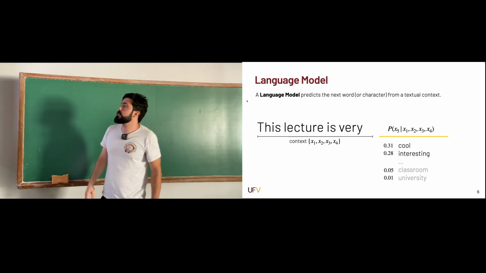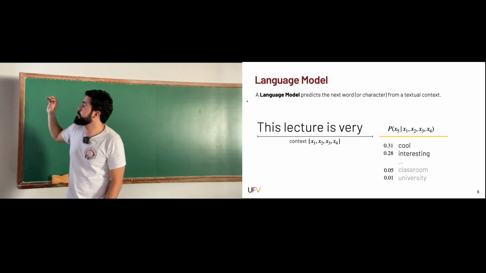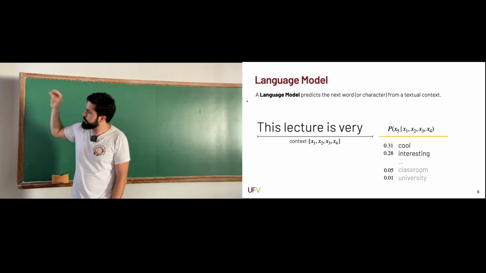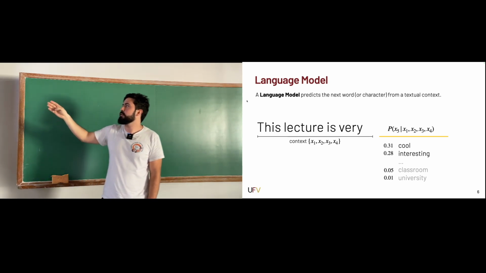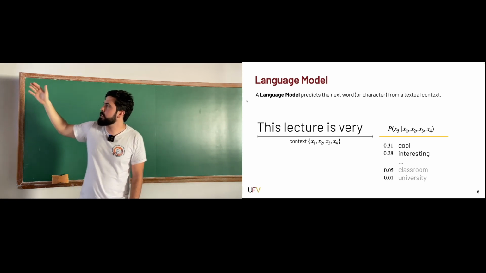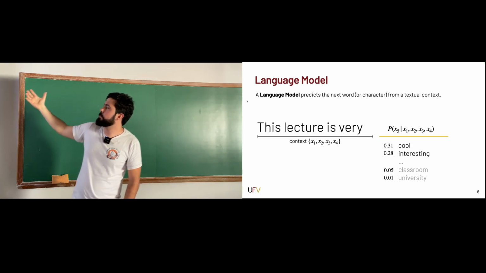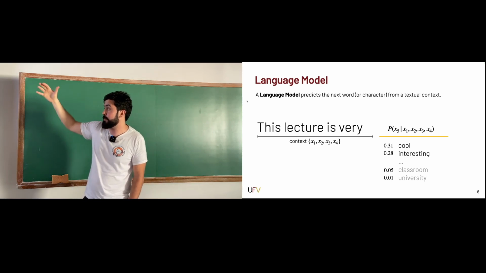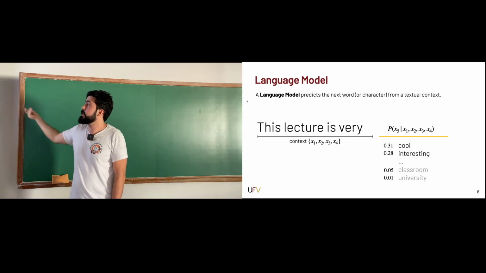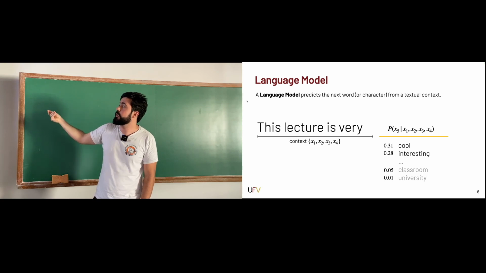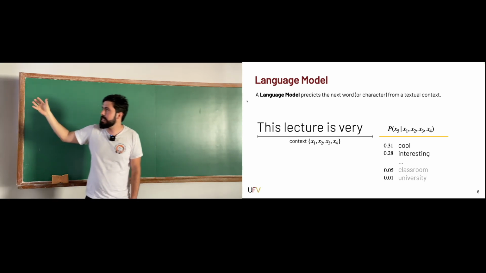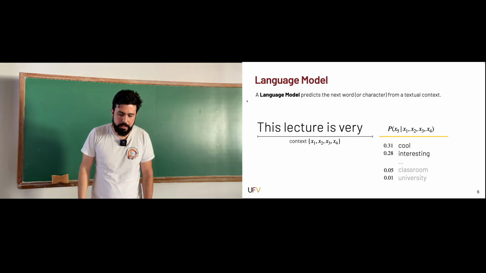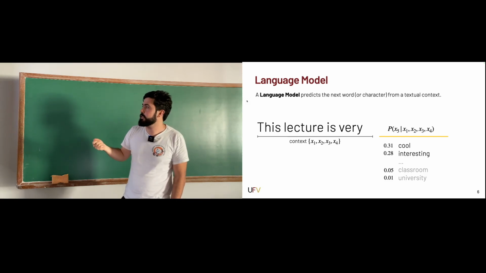And what a language model does is model this conditional probability. What we have in our brains when we guess is somehow the probability of the fifth word given these last four words. That's how you would write this conditional probability using probability notation.